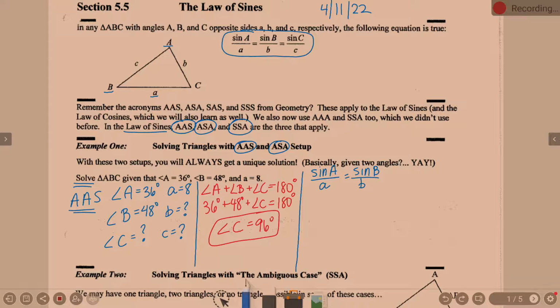Sine A is going to be sine of 36 degrees over side A, which is 8, equals sine B. Do we know sine B? Sine of 48 degrees over side B, which is what I'm looking for, isn't it? So we are able to fill in a proportion where we know 3 of the 4 pieces.